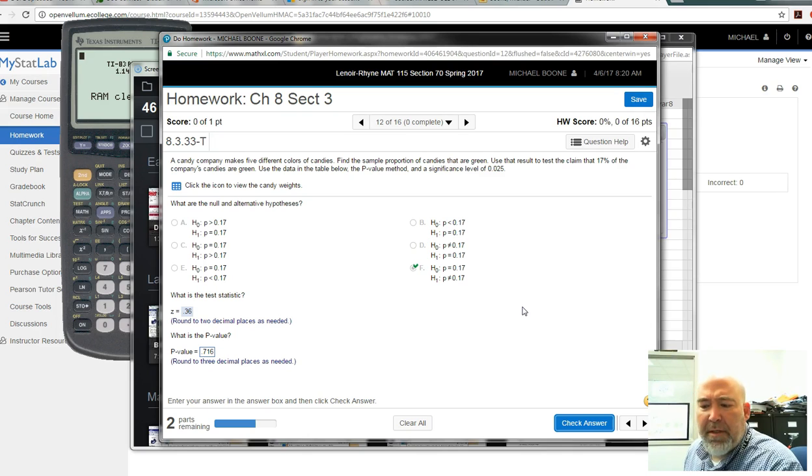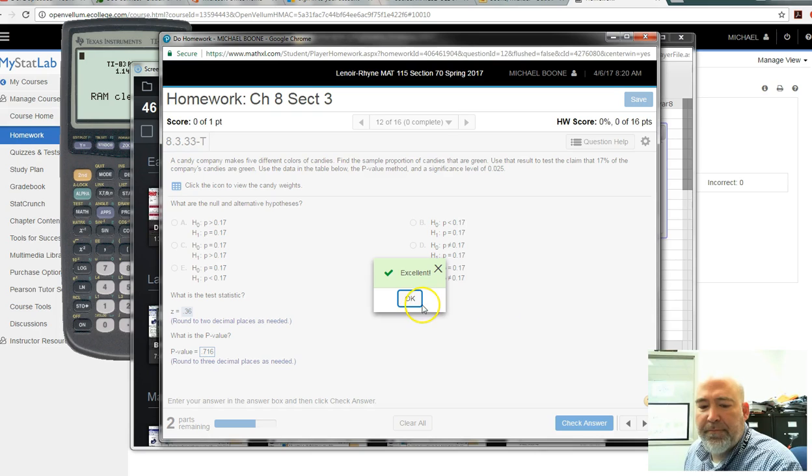What we're going to be comparing this to is our alpha of 0.025. So the phrase goes, as I've said in other videos, if the P is low, the null has to go. And so we're comparing our p-value to our alpha.